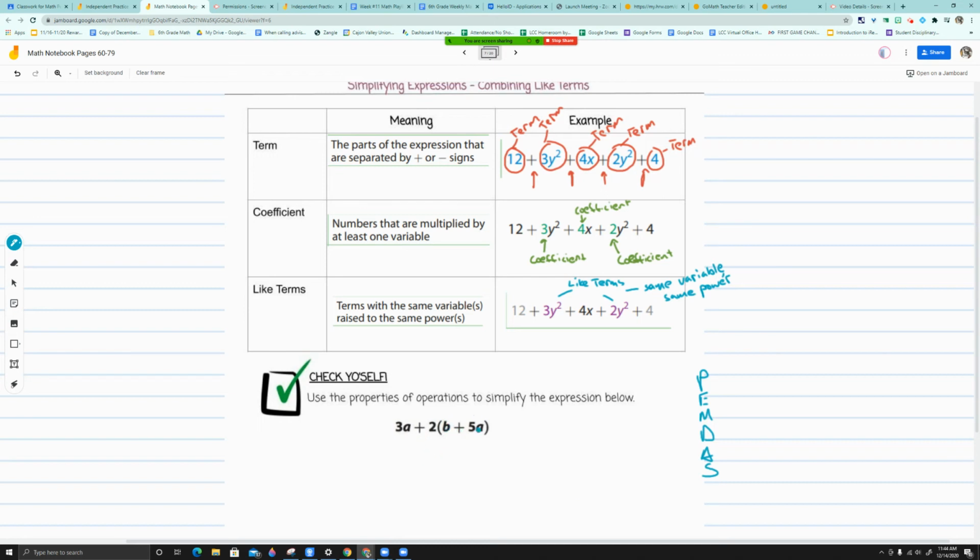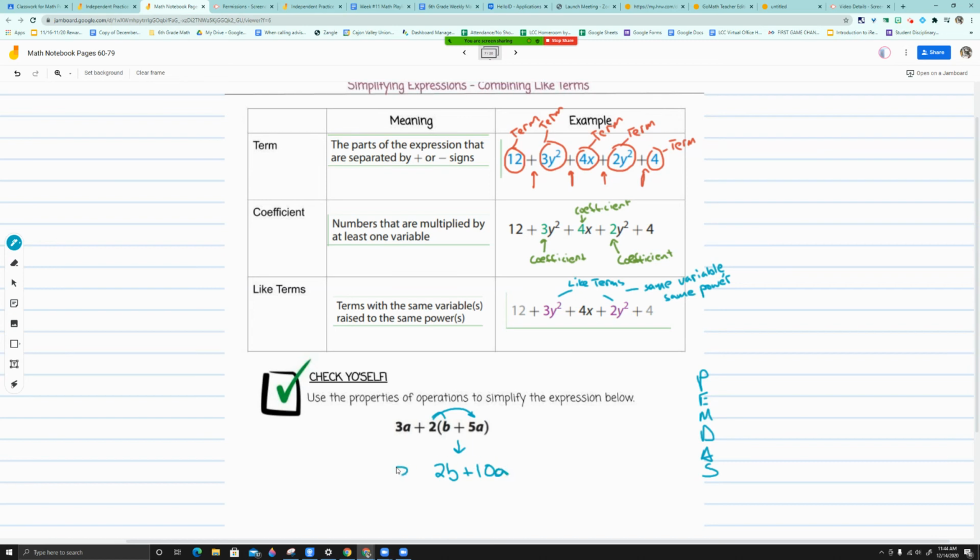We have B plus 5A. Can we add these terms? Are they like terms? No. They have different variables. We can't add B plus 5A. That wouldn't work. But what we can do is distribute the 2 times B and 2 times 5A. So I'm going to rewrite this down below as 2B plus 10A.